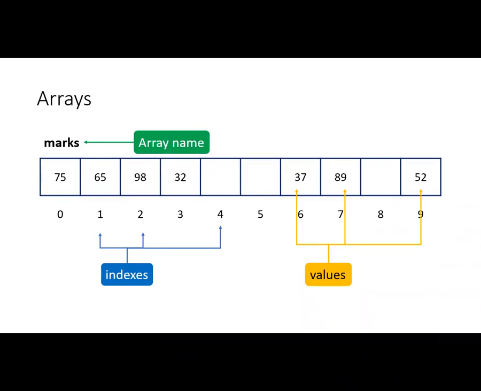Then we need a number of variables equal to the number of values to be stored. If there are 100 values, we have to use 100 variables. If there are 125 values, we use 125 variables. If we have a million values, we have to use a million variables.